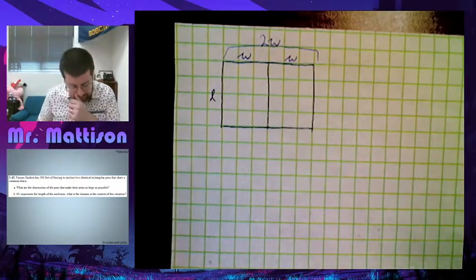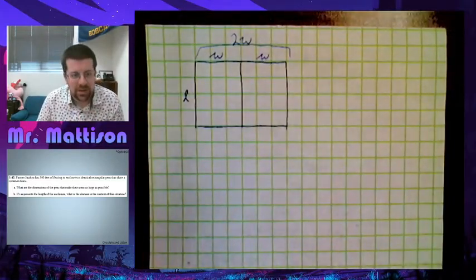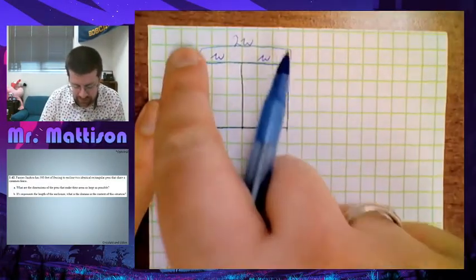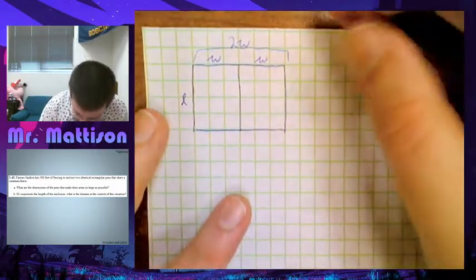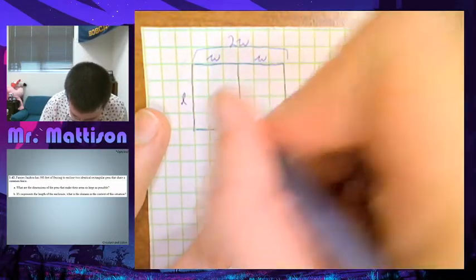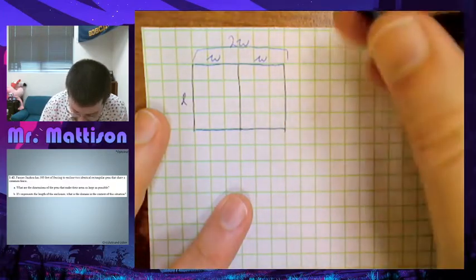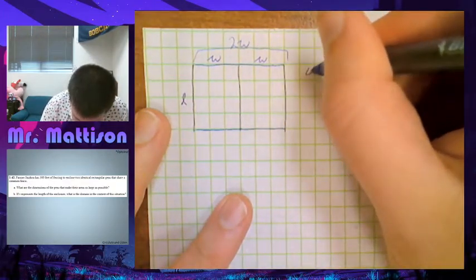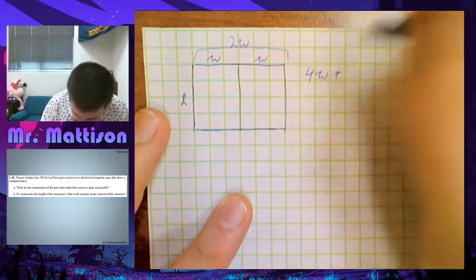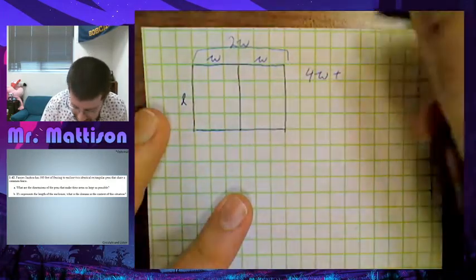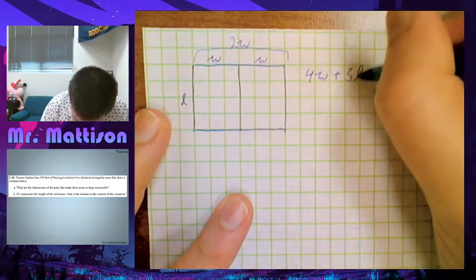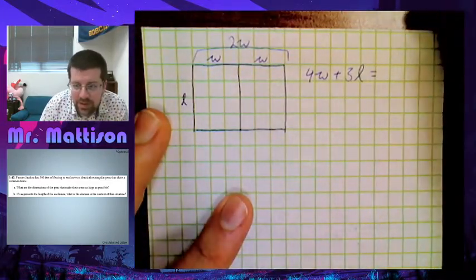So the first thing that I know is, hey, what's my total perimeter, my total amount of fencing? Well, I have 2W plus 2W, which is 4W, plus, but wait, there's a third length, so plus 3 lengths equals my 300.